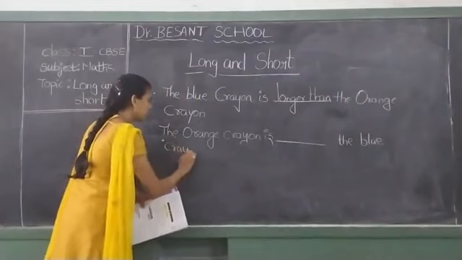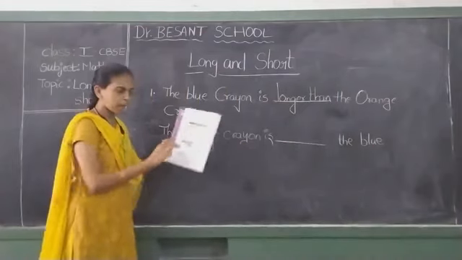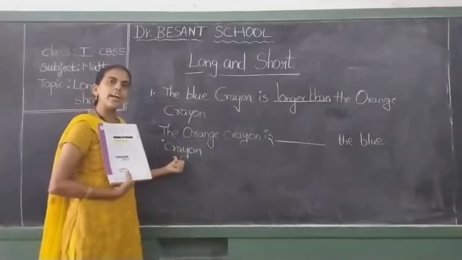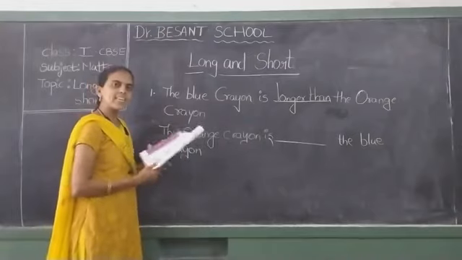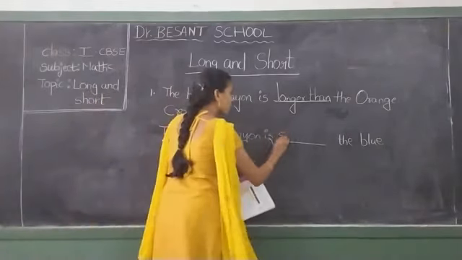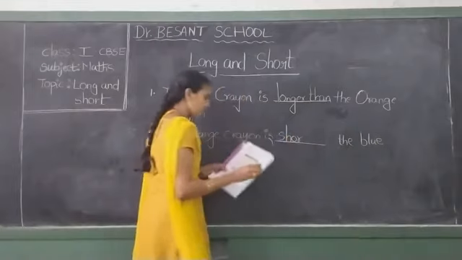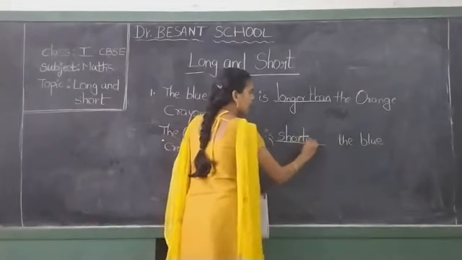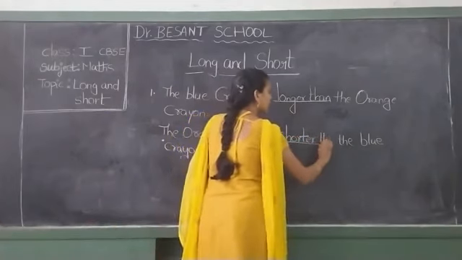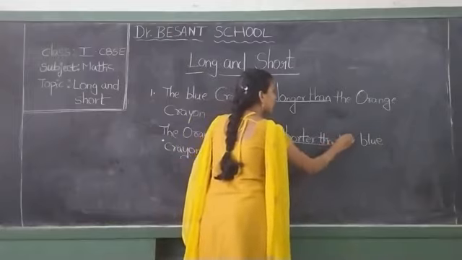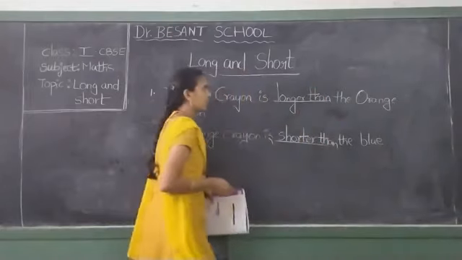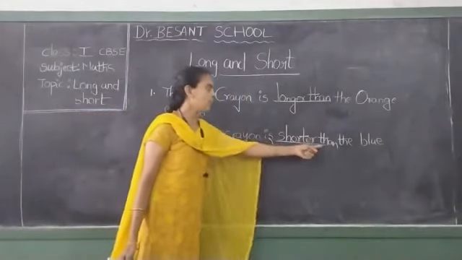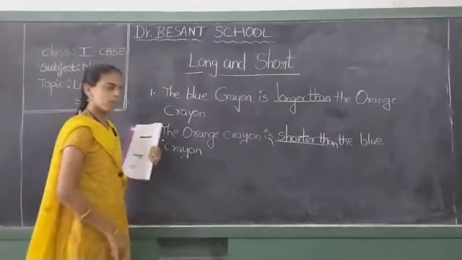Now you tell me, children, observe the pictures and tell me, orange crayon is dash the blue crayon. Yes, it is shorter. So write in the blank given shorter, S-H-O-R-T-E-R, shorter, T-H-A-N, than, shorter than. Observe here, the orange crayon is shorter than the blue crayon. Okay, children?